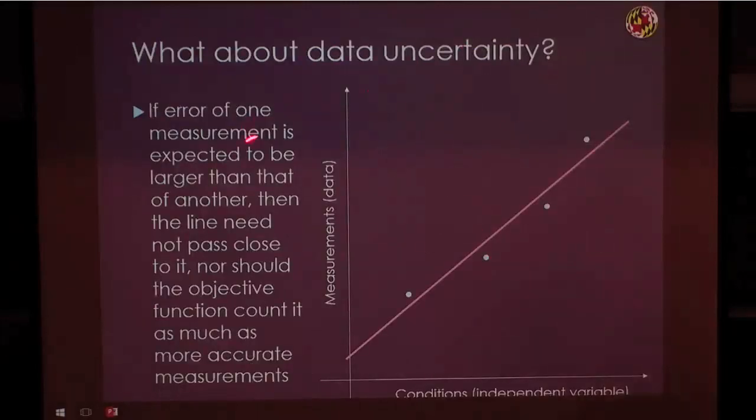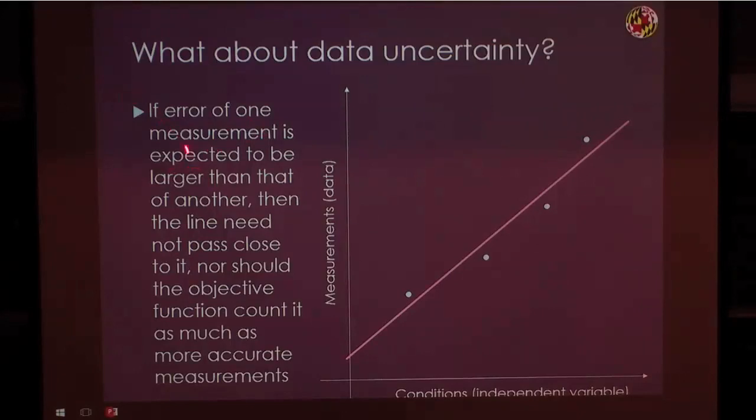Well, we have to talk about what data uncertainty is before we can answer this very insightful question. You can imagine, for example, in this problem of fitting a line to 4 points, that if you know that one of these points was measured when you were drunk, you might not care so much that your line doesn't pass very closely to that point, because maybe you were more careless, or maybe you were upset because someone yelled at you and you weren't able to concentrate on a measurement.